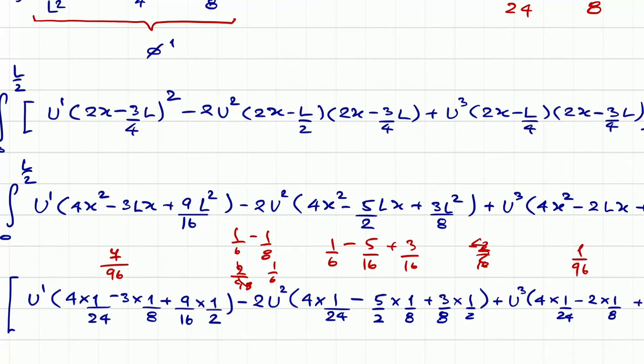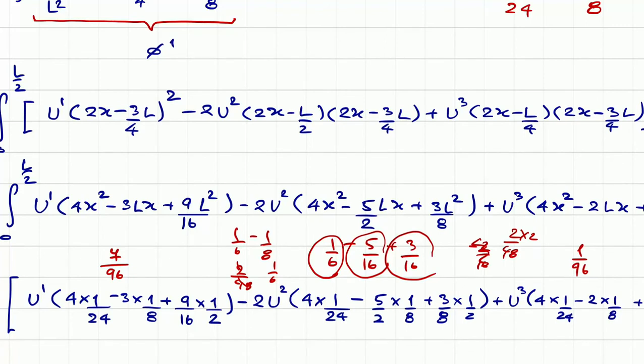Did you multiply by 2? Yes. Okay. 2 over 48 multiplied by 2. 2 over 48. 1 over 24. 1/6 first, right? 5/16, 1 second, 3/16, 5 turns out to be 2/16, which is 1/8. 1/6 minus 1/8, which is 2/48.